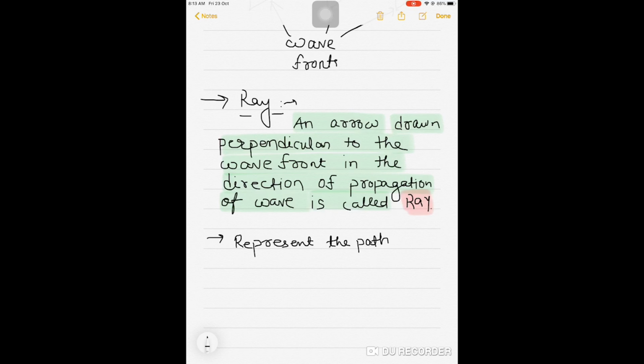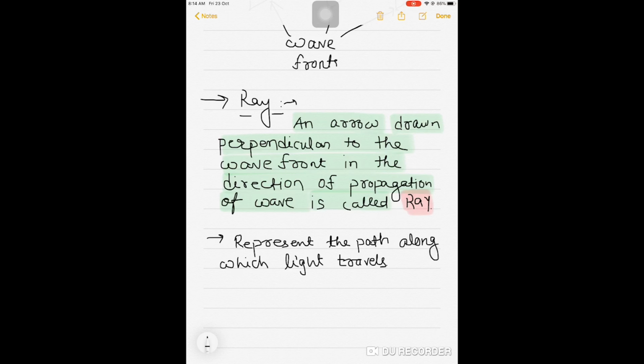Second thing, if we measure the separation between a pair of wavefronts along any ray, it is found to be constant.